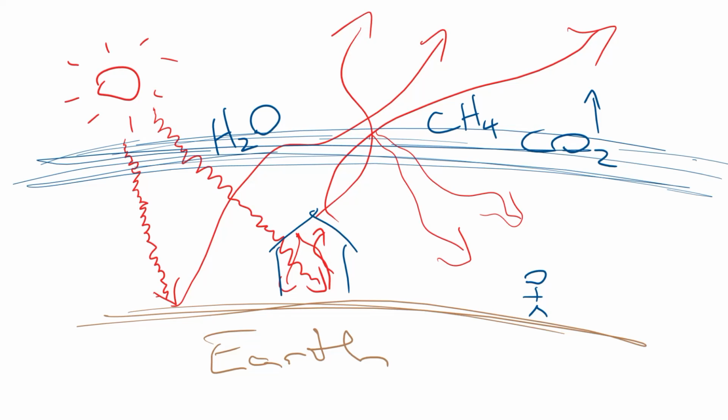If you get a certain amount of energy coming in, and you don't radiate the same amount of energy back out to space, you're going to heat up. And that is exactly what is happening with the Earth. That is global warming. And that is the greenhouse effect in a nutshell.